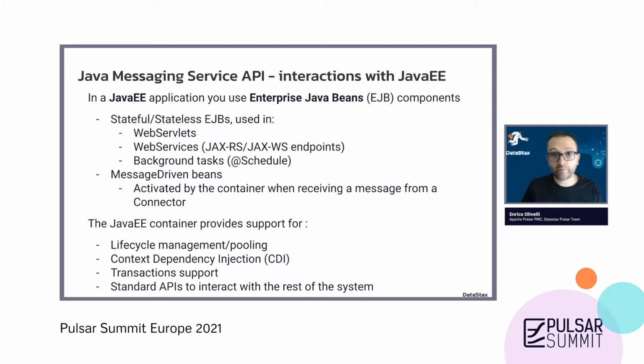A message-driven bean is activated by the container when the container receives a message from a connector. A connector is like a JMS system, for instance. And it is the Java Enterprise container that provides support for lifecycle management. It pools instances of objects.